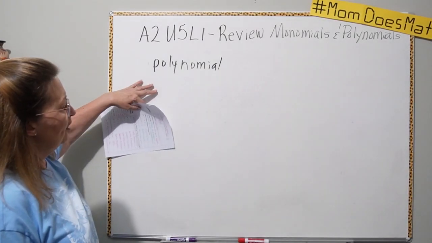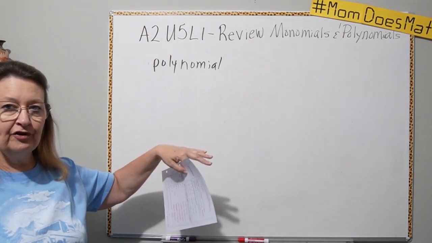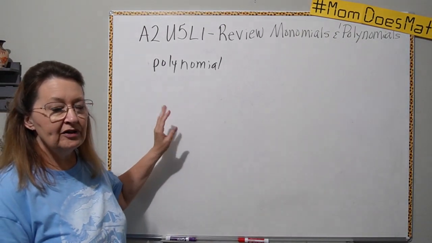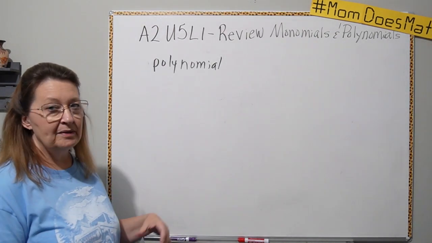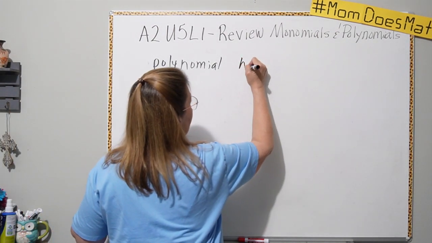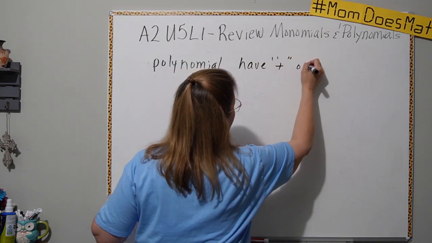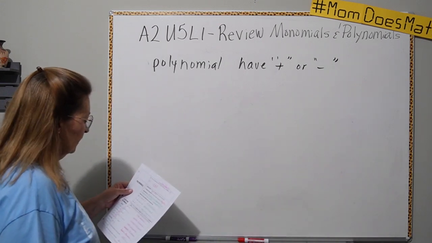Now we're going to talk about a polynomial. A polynomial is when you have a sum or difference of monomials. So what a polynomial is going to have that a monomial never will is plus and minus signs. All right, these will have at least one plus or minus, and they could have more than that.